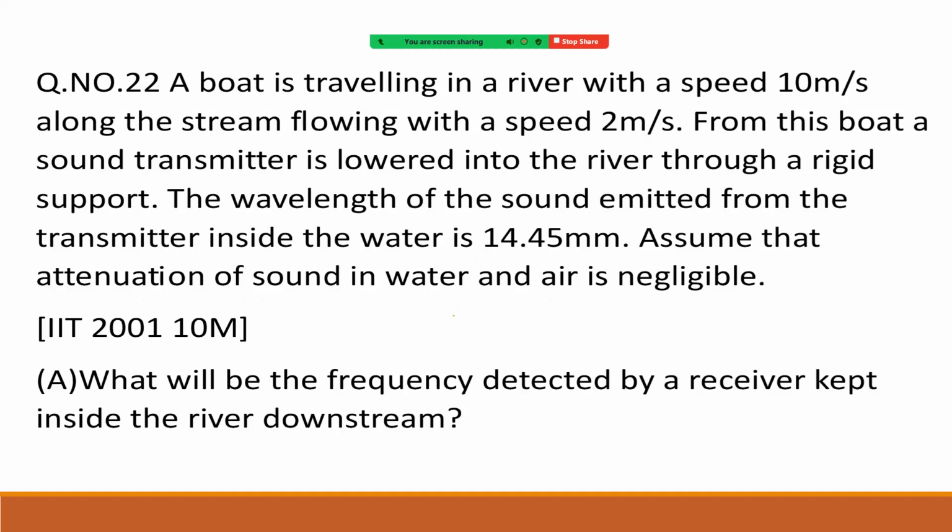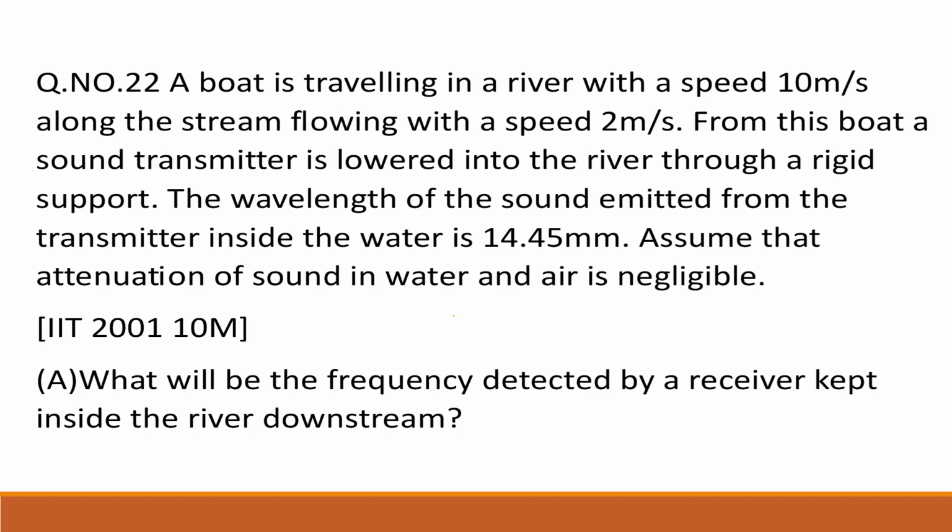See, a boat is traveling in a river with a speed 10 meter per second along the stream flowing with a speed 2 meter per second. From this boat, a sound transmitter is lowered into the river through a rigid support.